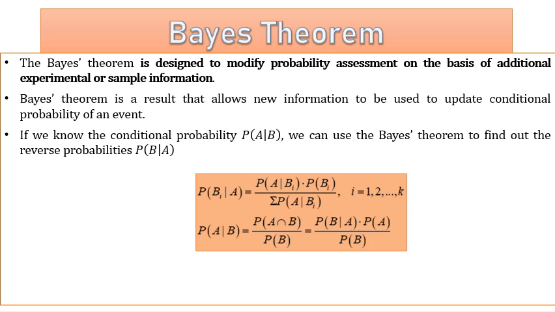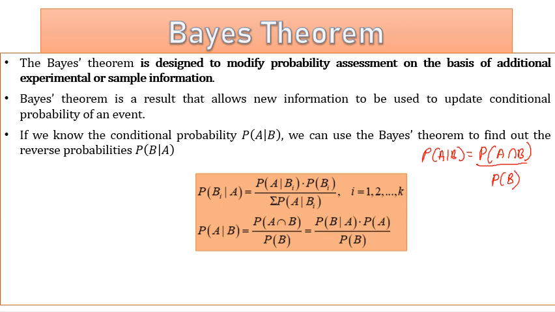Here we simplify the formula. P(A given B) equals P(A and B) over P(B).